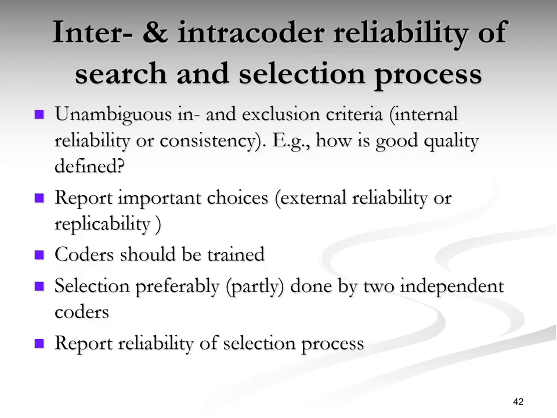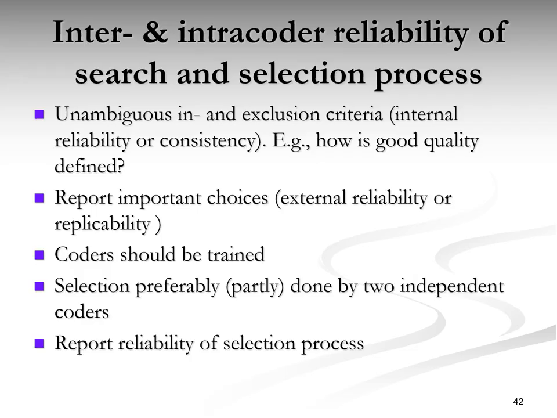It's also a good idea to do at least part of the selection by two independent coders. Why is that good? Well, in that way, you can study whether the study selection is done in a reliable way. So in principle, the two coders should come to exactly the same study selection.